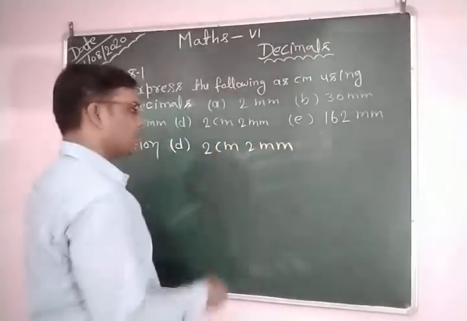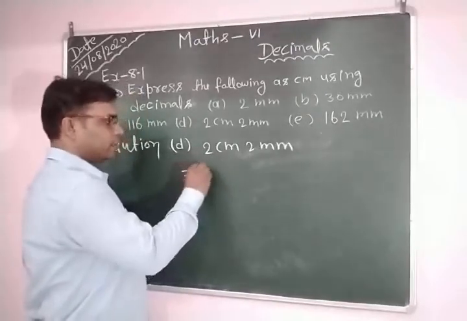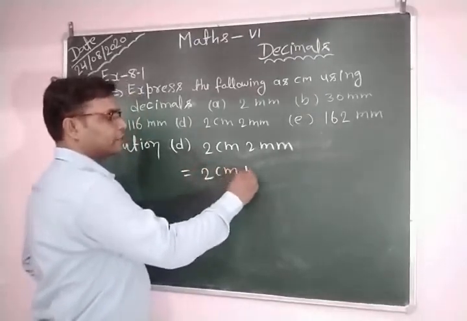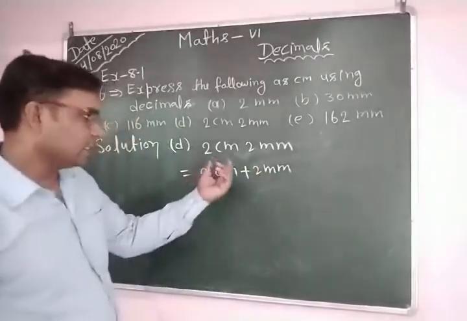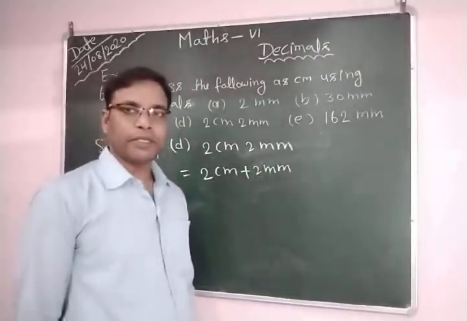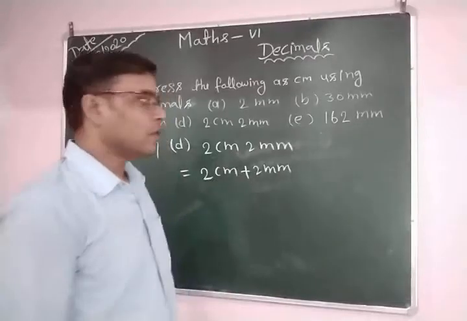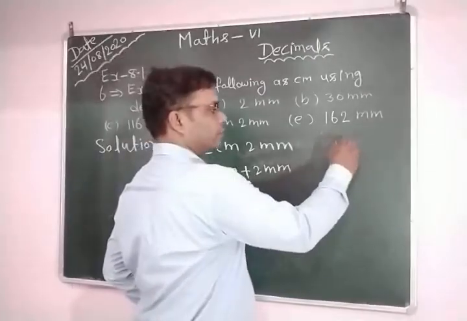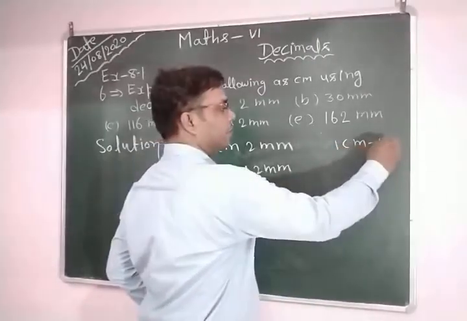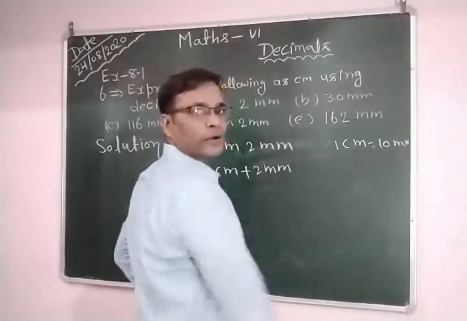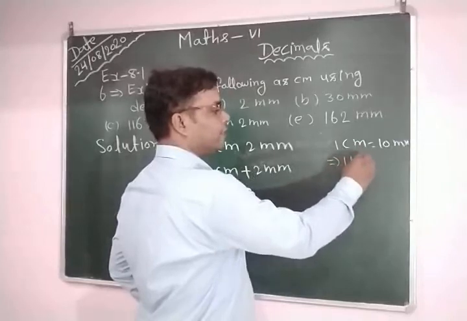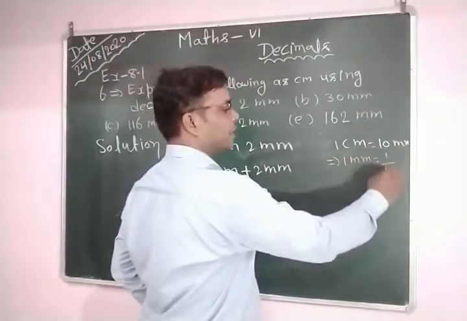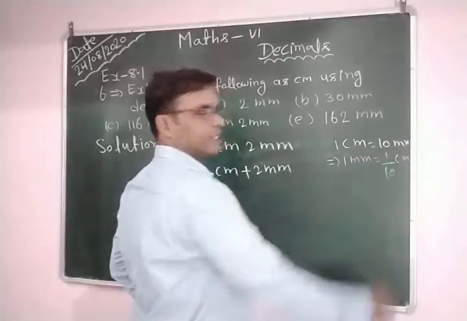So you can write 2 centimeters plus 2 millimeters. You know 1 centimeter is equal to 10 millimeters, or 1 millimeter is equal to 1 by 10 centimeters.